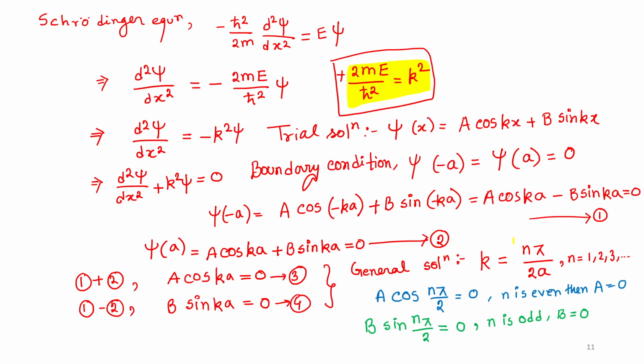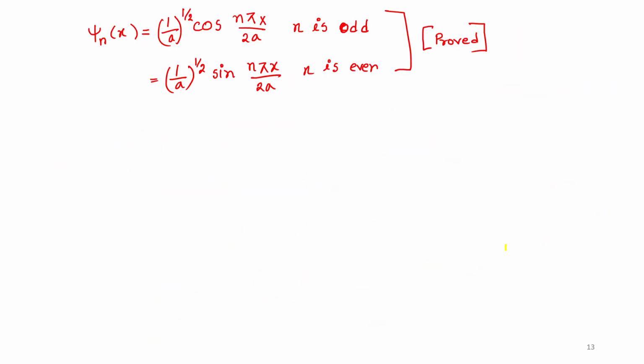Obviously, we know what is K, right? From here, so we'll put the value of K from here. So we know that 2mE by h cut square is K square, and we also know that K is n pi by 2a.